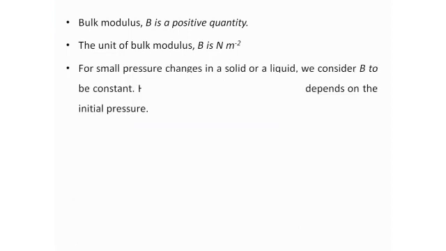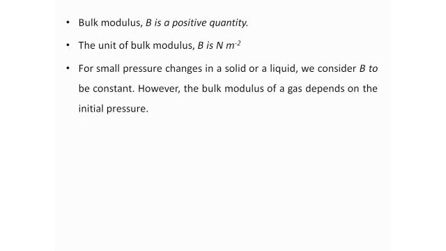Now let's look at some physical aspects of the bulk modulus. You should know that the bulk modulus is always a positive quantity. The unit of the bulk modulus B is Newton per meter square, right? For small pressure changes in either a solid or a liquid, we consider the bulk modulus to be constant.